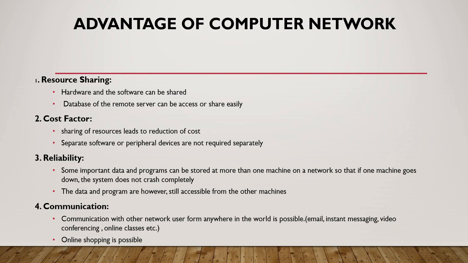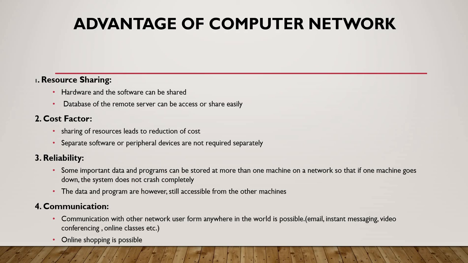The same thing. Okay. Now the fourth is communication. Communication with other network user from anywhere in the world is possible. So we can communicate with another person in another corner of the world using email, instant messaging, video conferencing, online classes, etc. are possible because of the network.